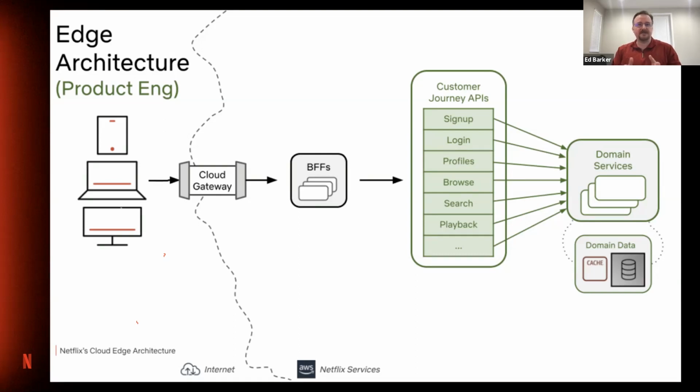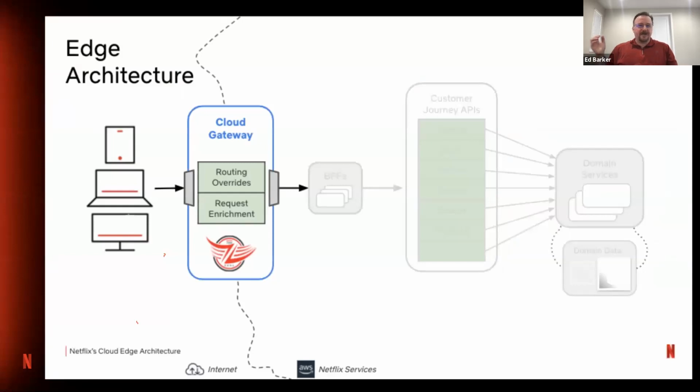I'm glad to say that at today's AMA, we have Netflix representatives with experience across various parts of our ecosystem. Let's take a couple minutes to walk through the architecture and call out the Netflix folks here on the AMA to whom you may want to direct your questions. We'll start at the very edge of the edge architecture, namely our cloud gateway system.